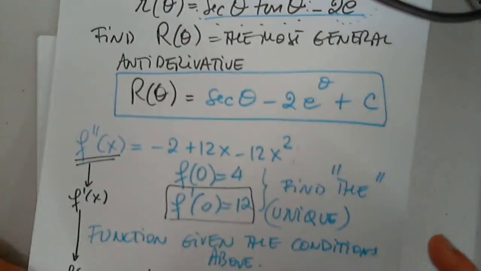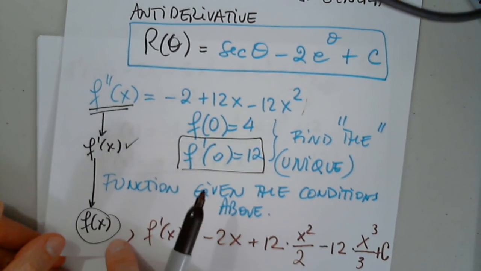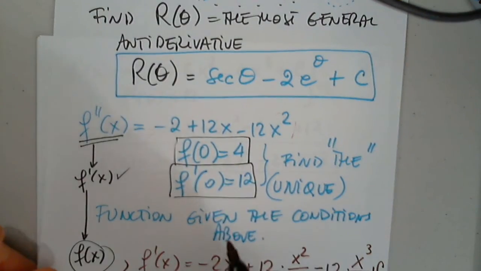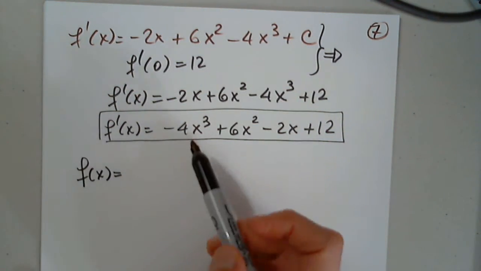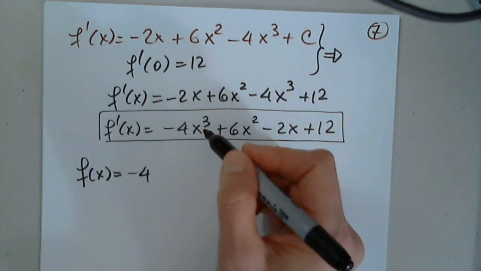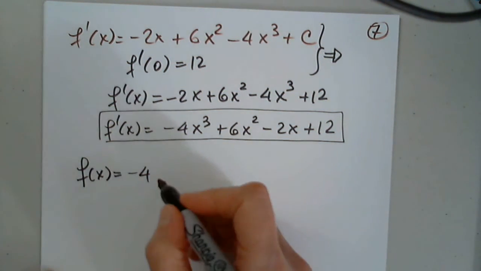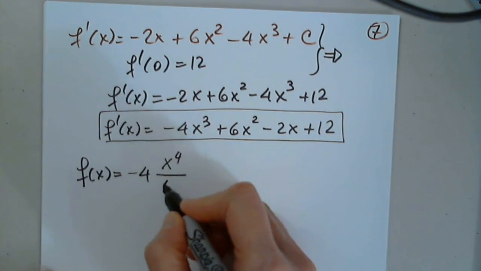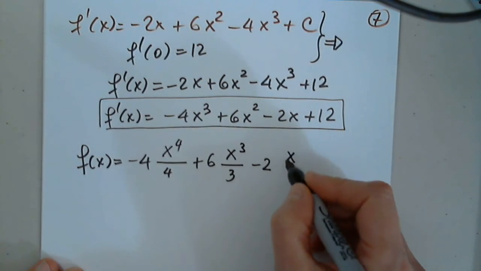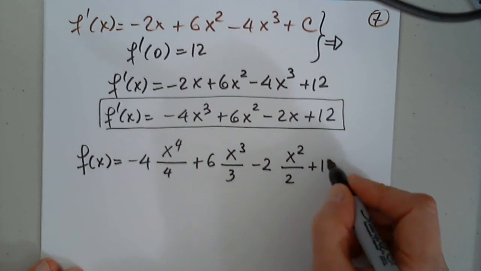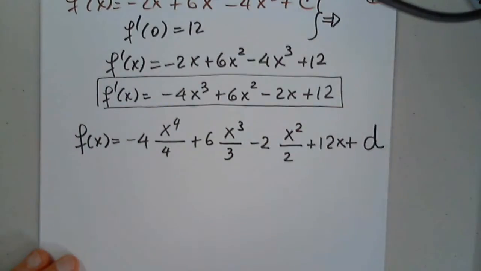So this is our intermediate step. Why intermediate step? Because I only accomplished this. I don't have this yet. This is what I'm after. And I'm also given a secondary condition. So now finally we can write the function. What function prime is x cubed? x to the 4 over 4 plus 6x to the third over 3 minus 2x squared over 2 plus 12x plus a constant d, not to be confused with c.